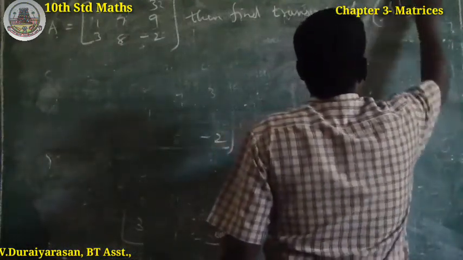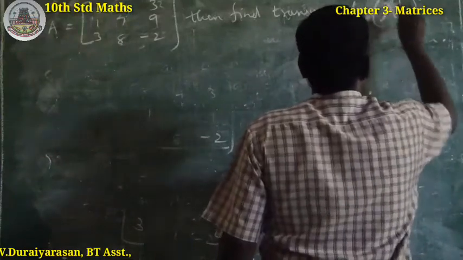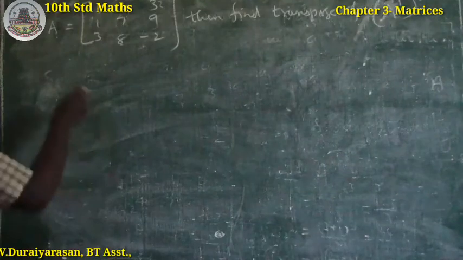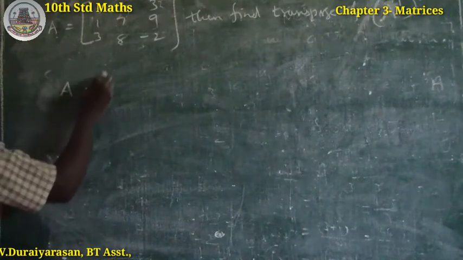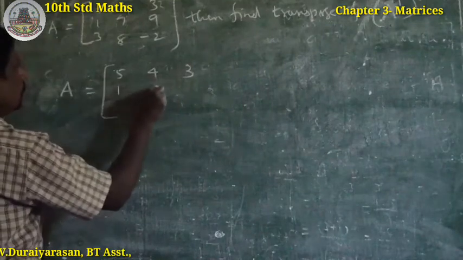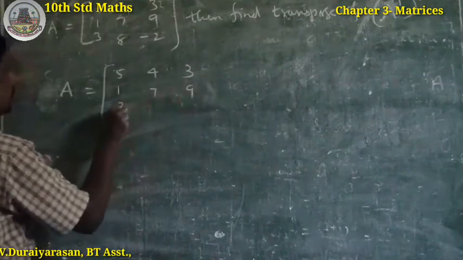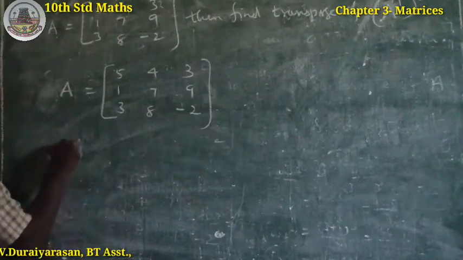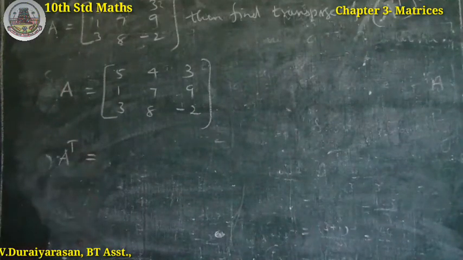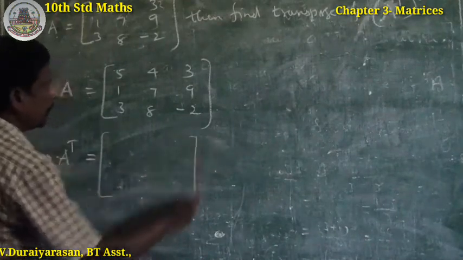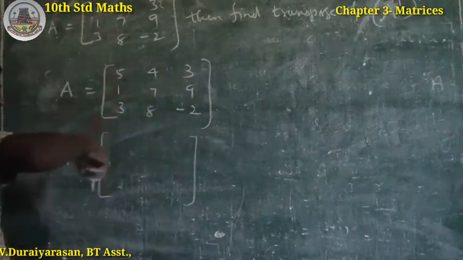A transpose, whole transpose. The given matrix A is equal to 5 4 3, 1 7 9, 3 8 minus 2. How to find the transpose of a matrix? All the rows are converted to columns.